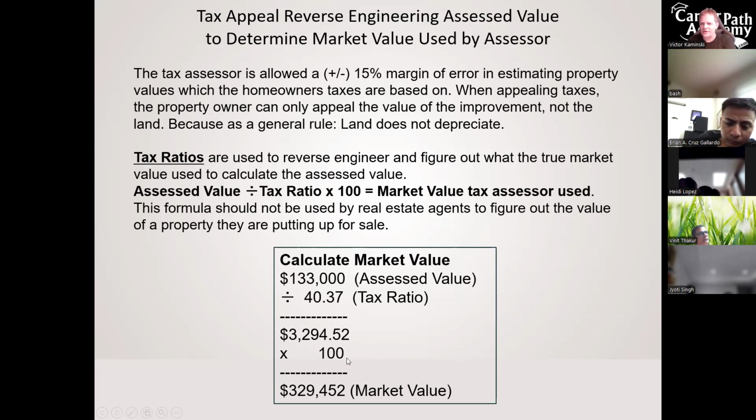Multiply that by 100, and that's the market value that the tax assessor is basing the property's value on. So here's that formula. Assessed value divided by tax ratio times 100 equals the market value the tax assessor used. That's how you reverse engineer it.